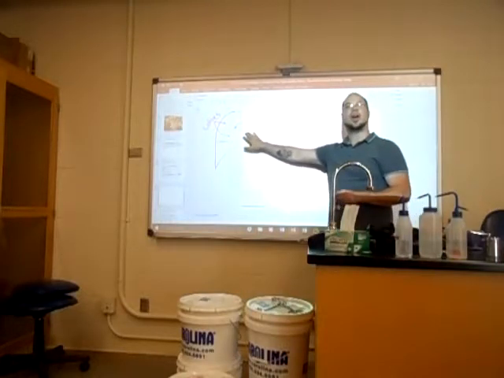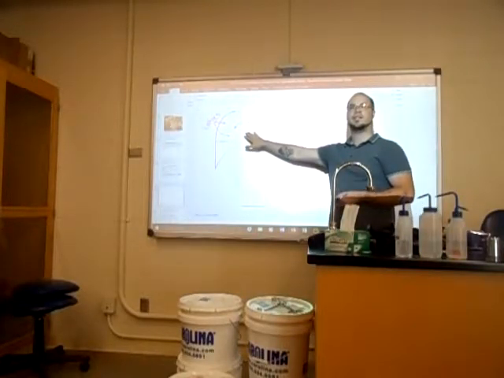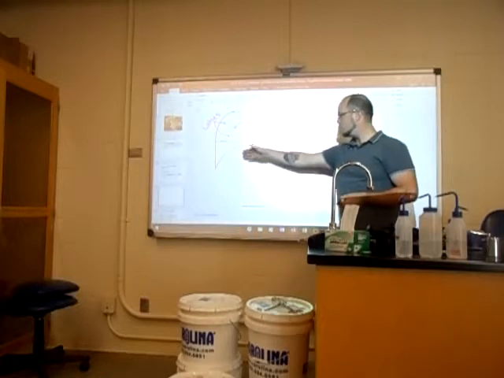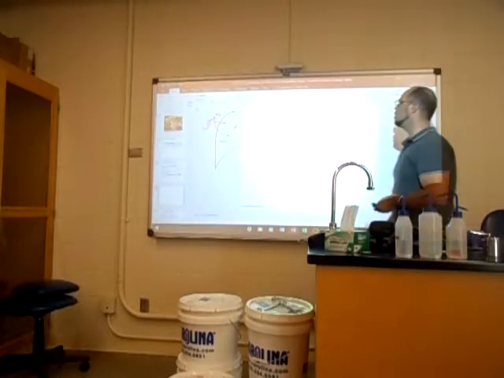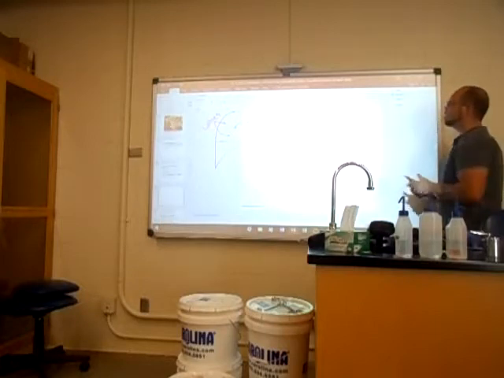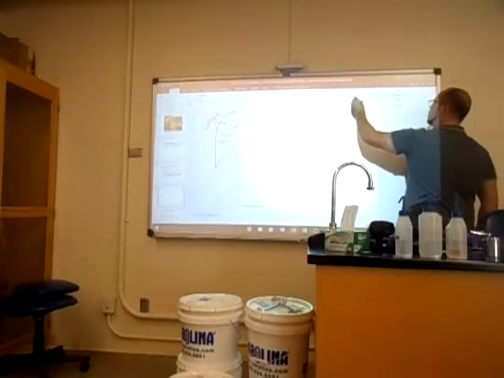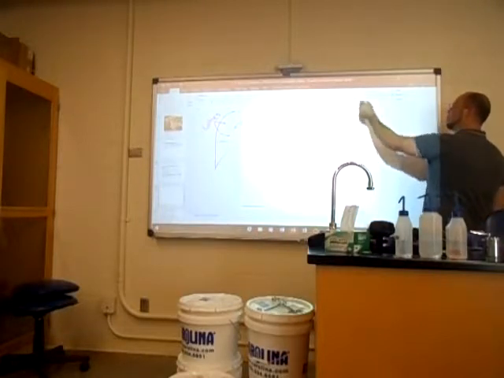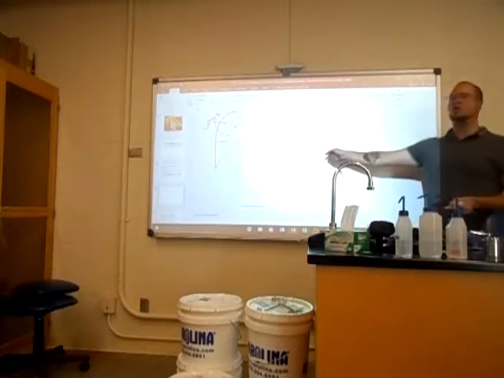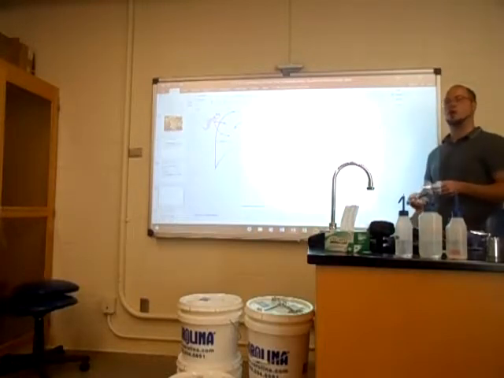Here's a right lung. How many lobes does it have? 3. Again, one supplied by each of the secondary bronchi. But the left lung looks more like this, with only one fissure and two lobes. So on the left, we have two secondary bronchi.